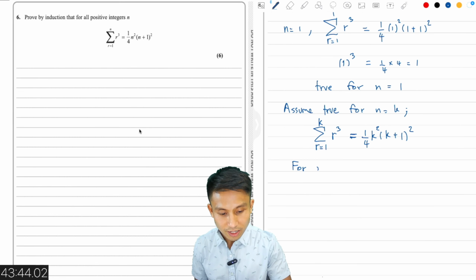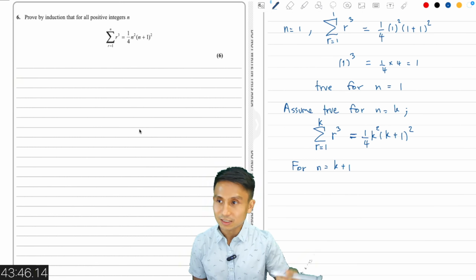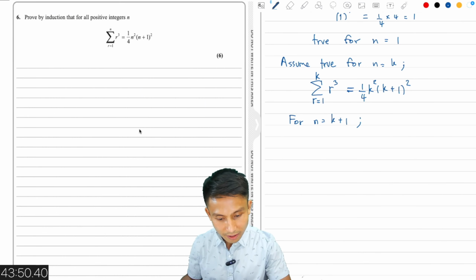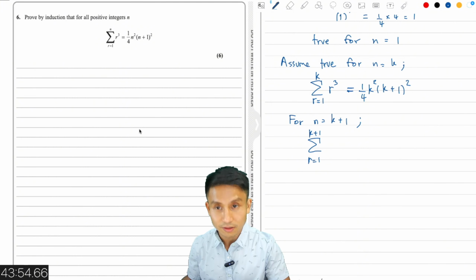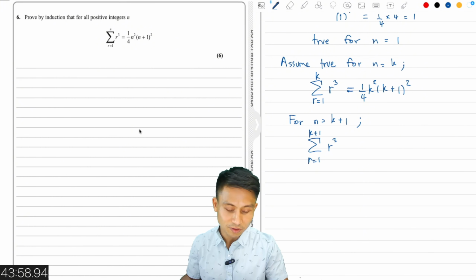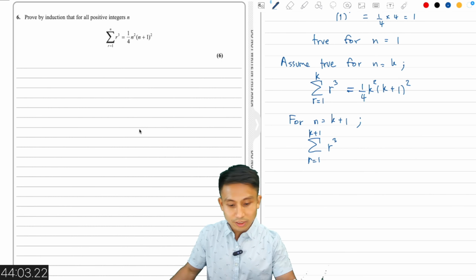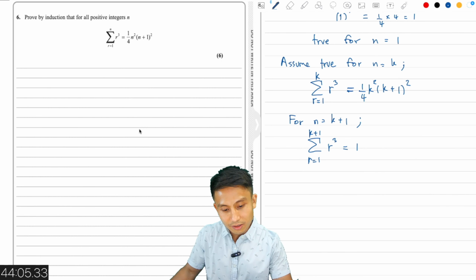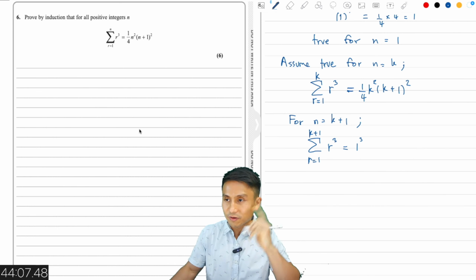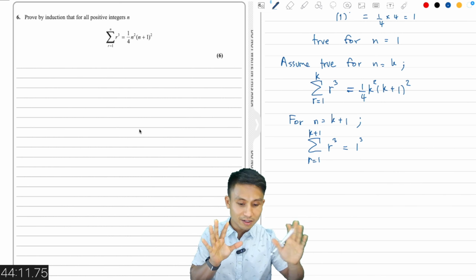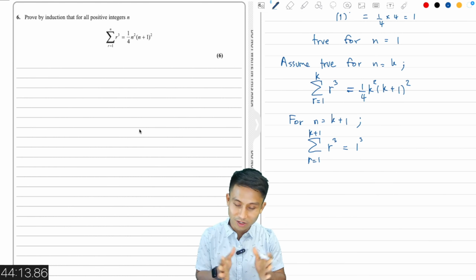So here for n equals k plus 1, now this is the inductive step, the k plus 1 step. So we have the left hand side from r equals 1 to k plus 1, and this would be r cubed as well. I haven't put the right hand side to the equation yet.